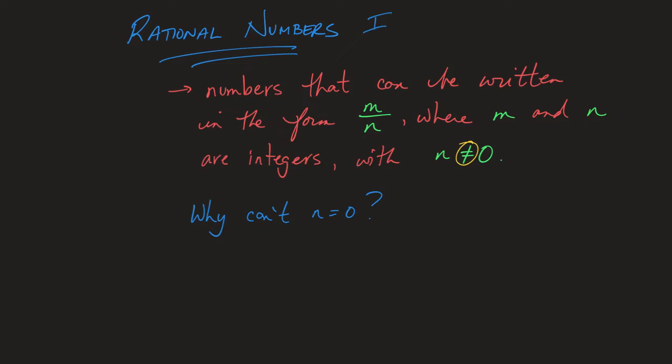Okay, the first thing I want to make sure we can deal with is that restriction on the end, that n cannot equal 0. What I want you to get in your notes right below that definition is that blue question I just asked: why can't n equal 0? We need to consider that a little bit.